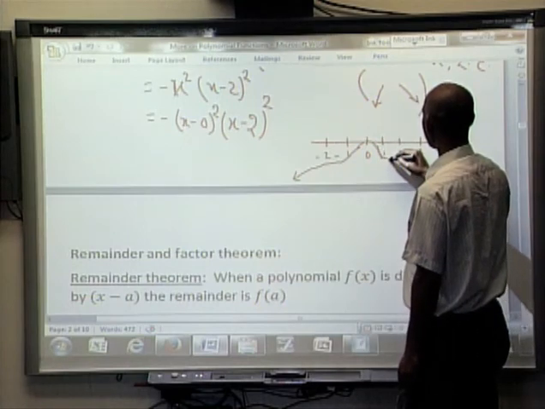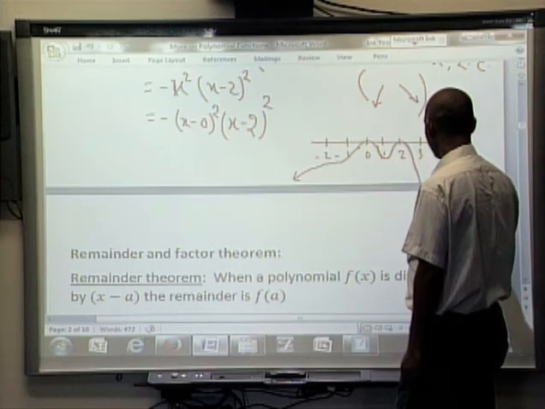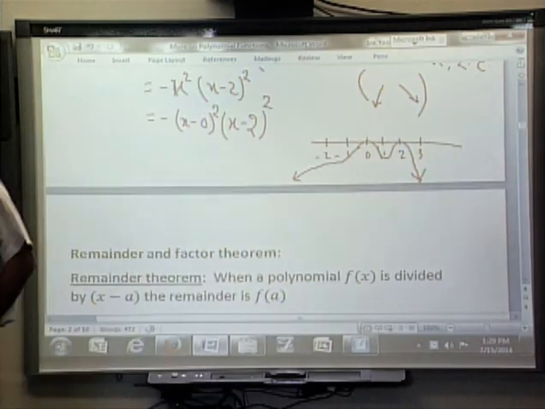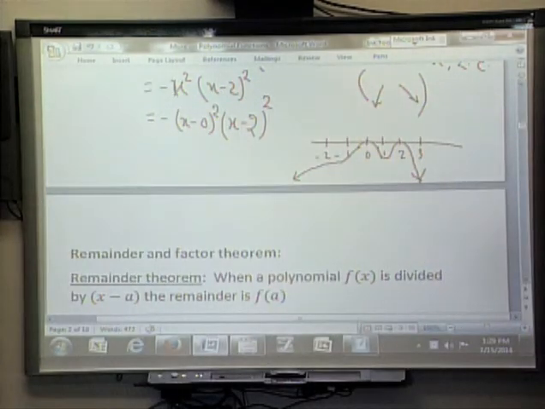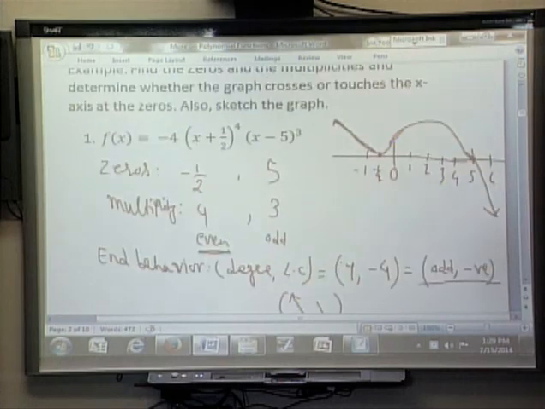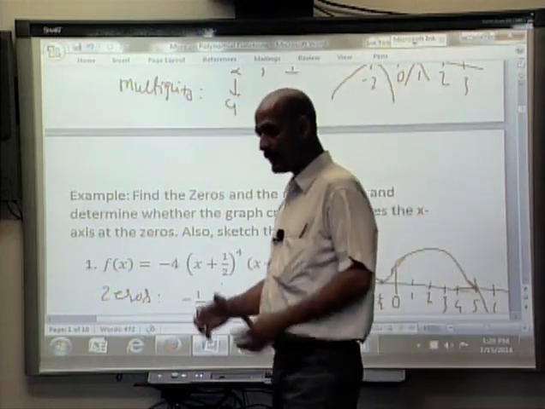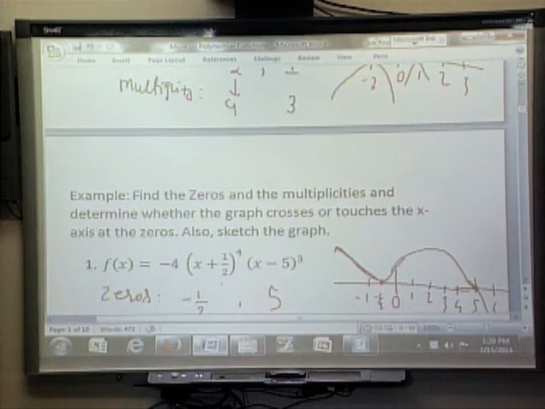So, it will touch at 2, it cannot cross, and again bounce back and go this way. So, this is the rough sketch of that polynomial. So, now we know we can find zeros of the polynomial and identify the multiplicity. Together with some more extra information, we can sketch the graph of the polynomial as well.